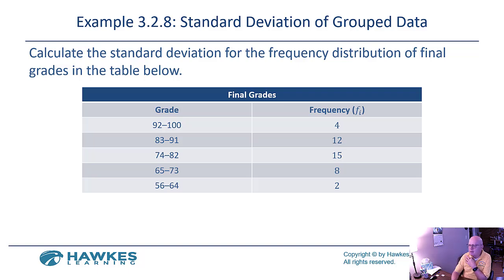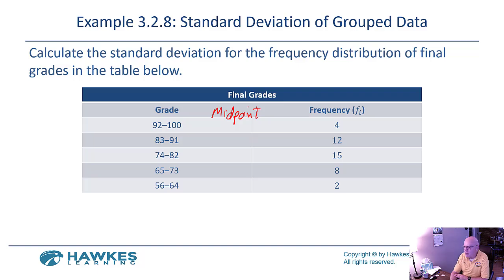It says calculate the standard deviation for the frequency distribution of the final grades in the table below. So how do you do that? Well, number one, we don't have the actual grades. What do we do if we don't actually have the grades?